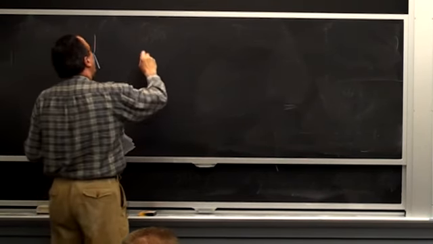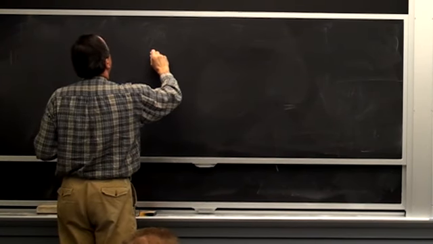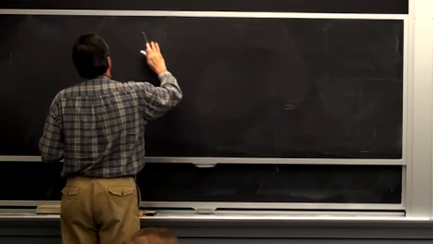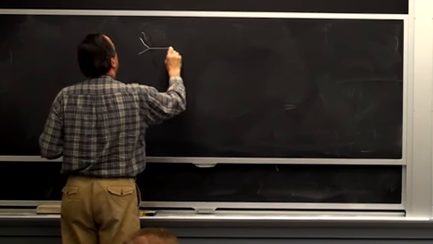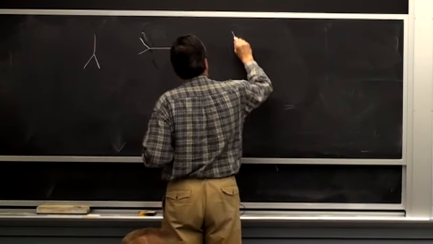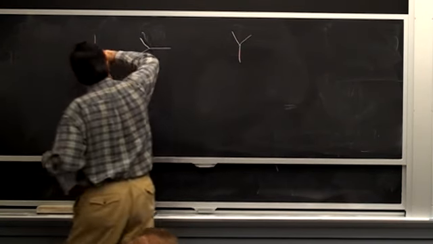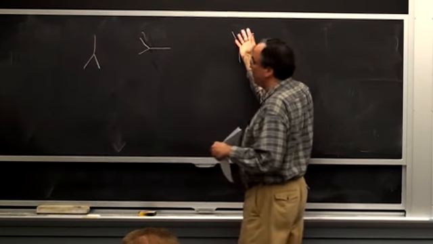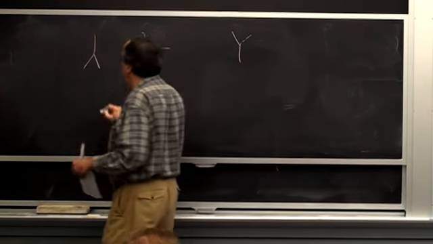And now I'm going to draw the same picture, except that now I'm going to make this angle small. And then another picture that makes this angle small. So what you have is a distortion of the structure that looks like it's rotating. That's called pseudo rotation.